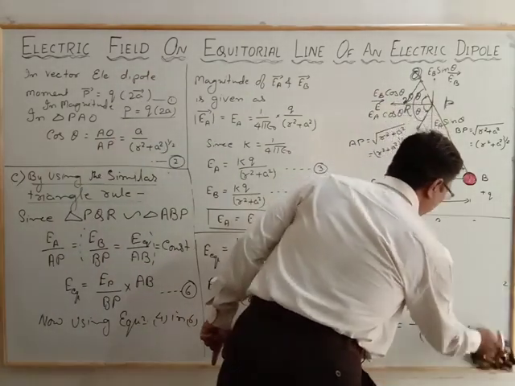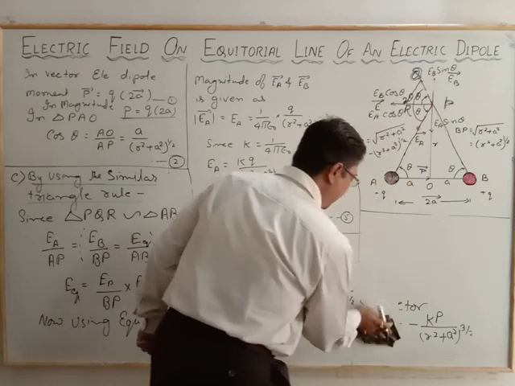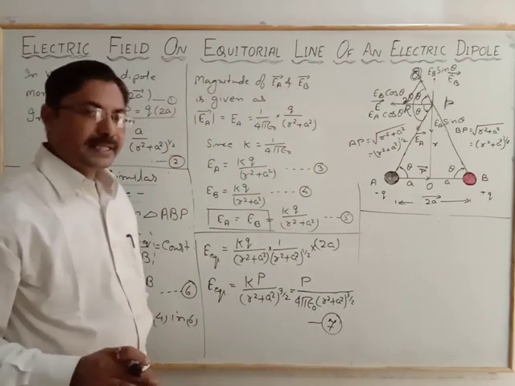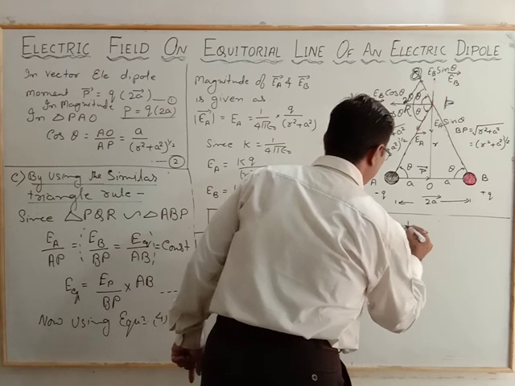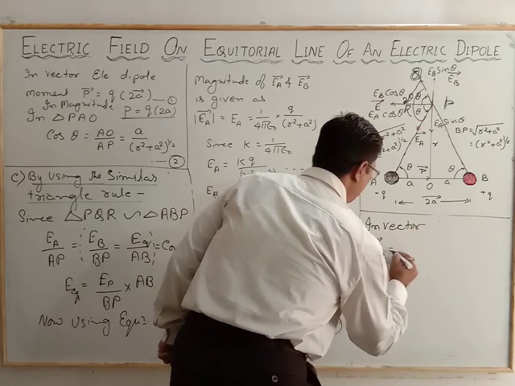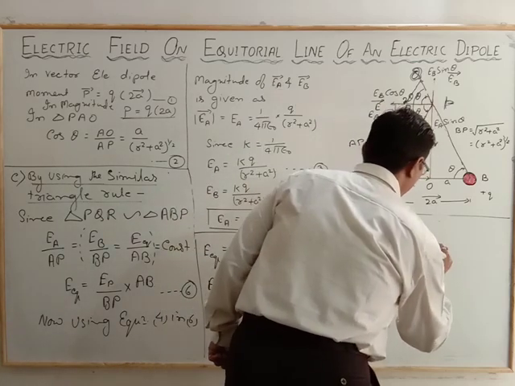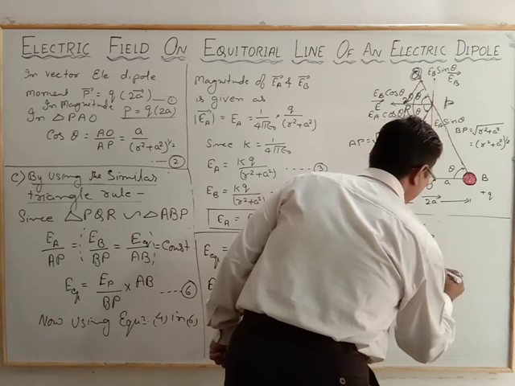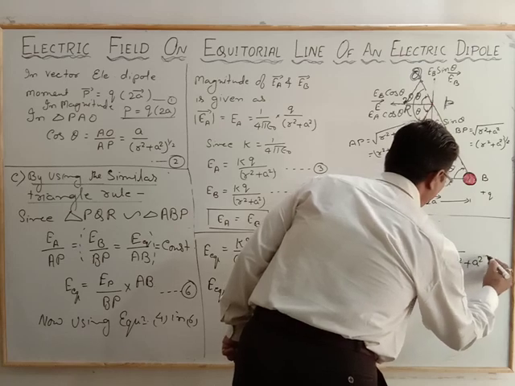So we come to the conclusion that we apply the 3 methods, but in every method we have the same relation. In vector, E equatorial vector is equal to minus P vector by 4 pi epsilon naught into R square plus A square whole 3 by 2.